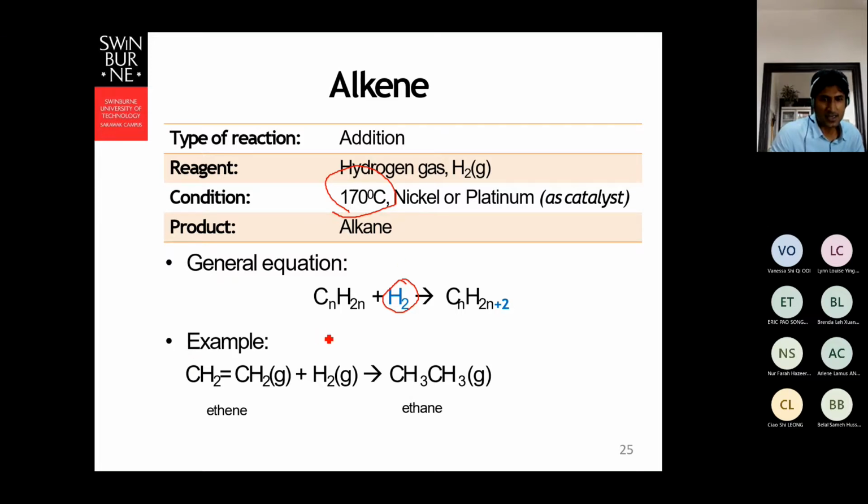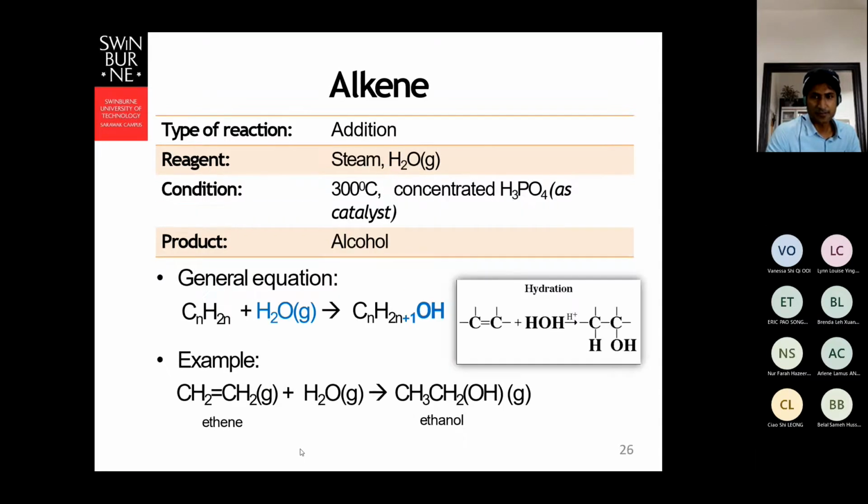This is the reaction that happens to produce margarine, or artificial butter, from unsaturated vegetable oils. Hydrogen reacts with them to produce saturated fat, and that is how margarine is produced.